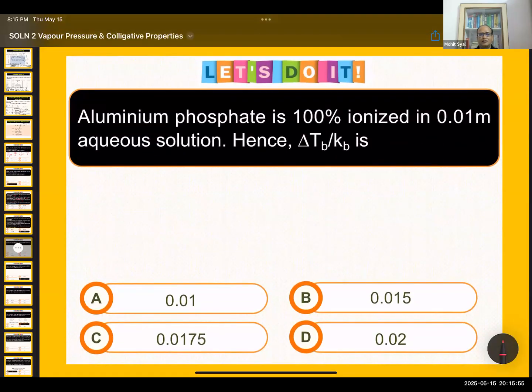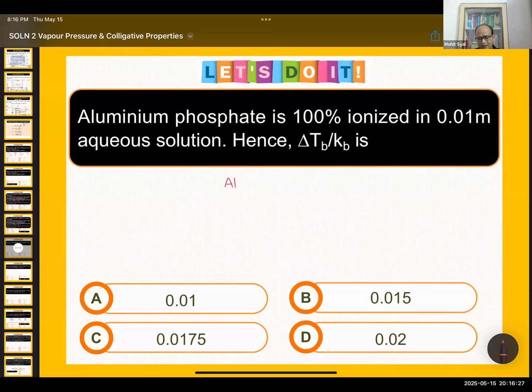Okay, so let's do this question. This is a numerical question. A lot of questions come up in your board examinations like this, but there you have to show the calculation. For ease, I have given the options also so that you can compare the calculations. Aluminum phosphate is there. I can write the formula as AlPO4.